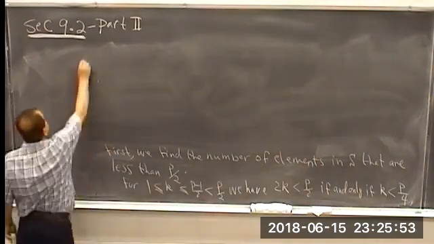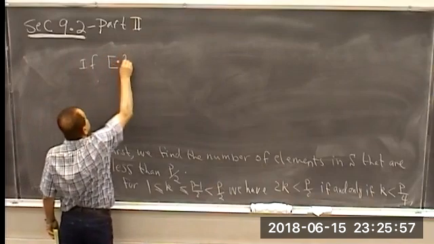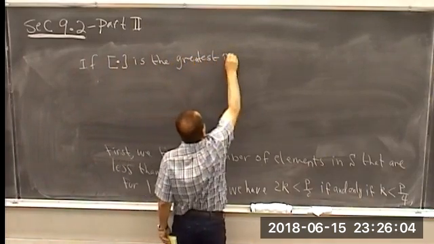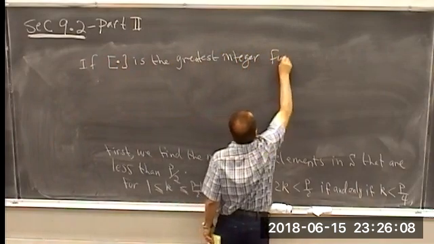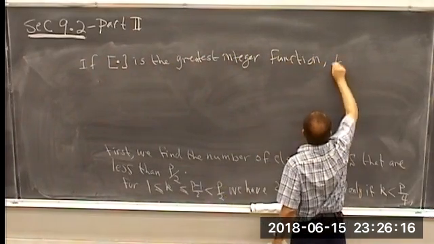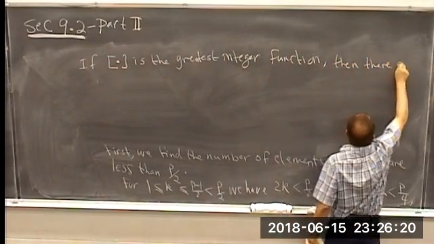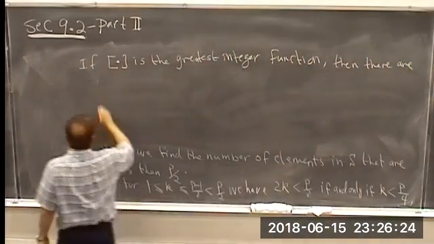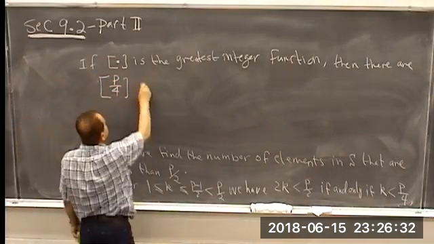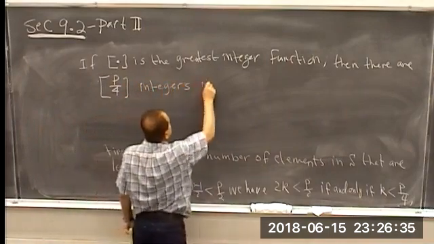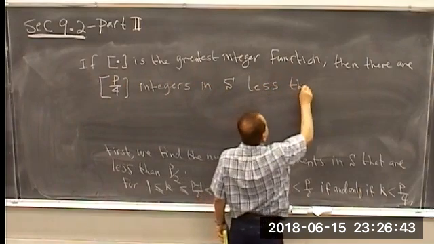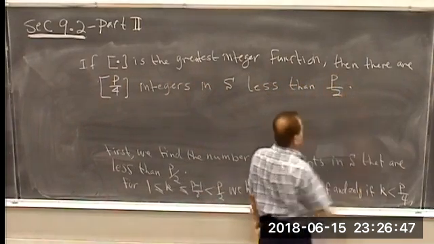Remember that if this bracket is the greatest integer function, then there are [p/4] integers in S less than p over 2, right?